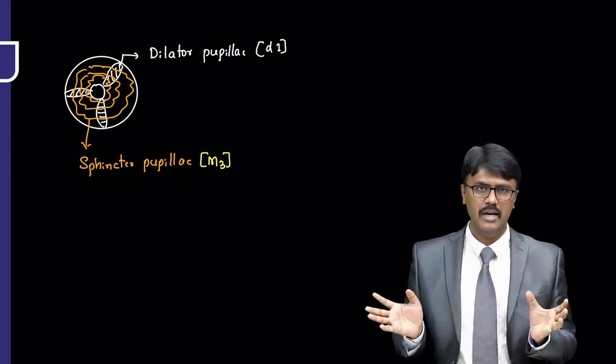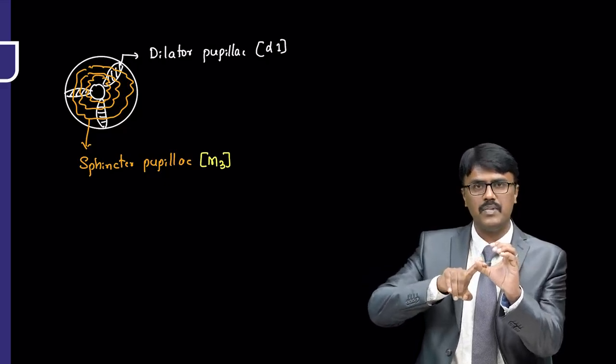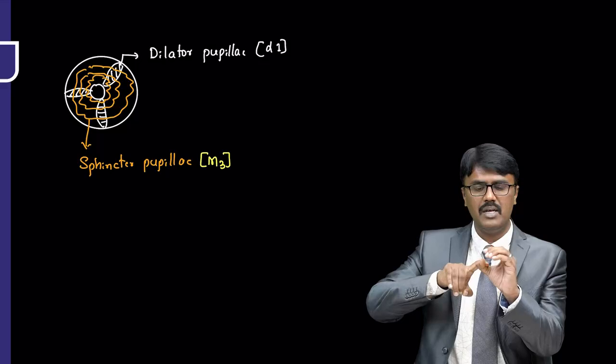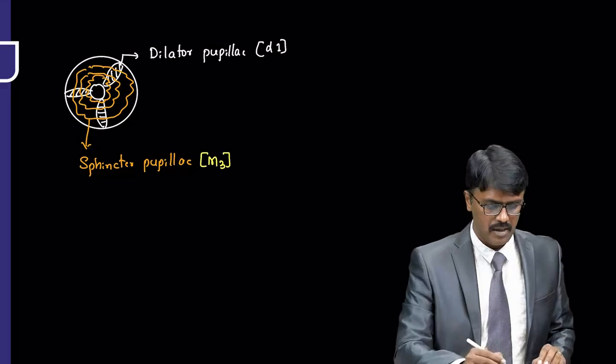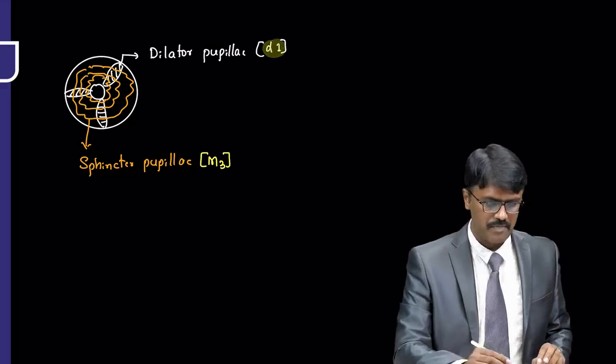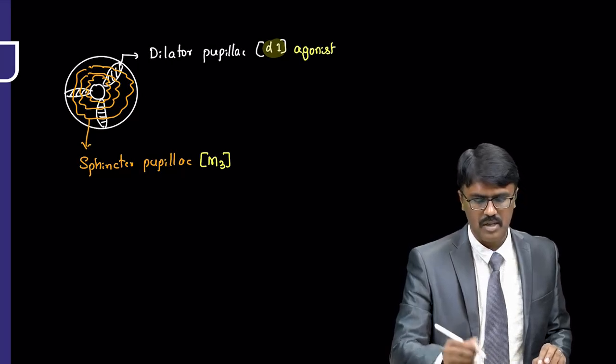Now if I want to dilate the pupil, what should I do? I should make the dilator pupillae stronger. If I want to constrict the pupil, I have to make the constrictor stronger. How do I do that? By stimulating the receptor. If I stimulate alpha 1, we use drugs called alpha 1 agonists.